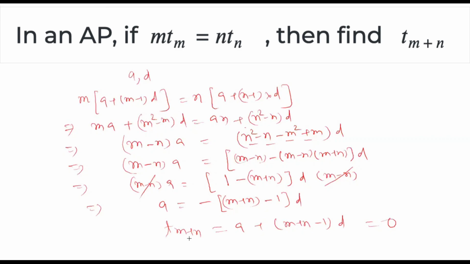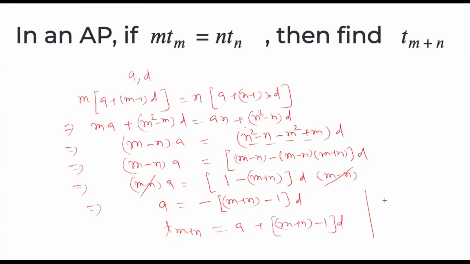T of m plus n is a plus m plus n minus 1 into d, right? In any formula, whatever be the term number, it is n minus 1 into d. So you can write it like this also: a plus m plus n, this is the number of terms, minus 1, the whole thing multiplied by d.